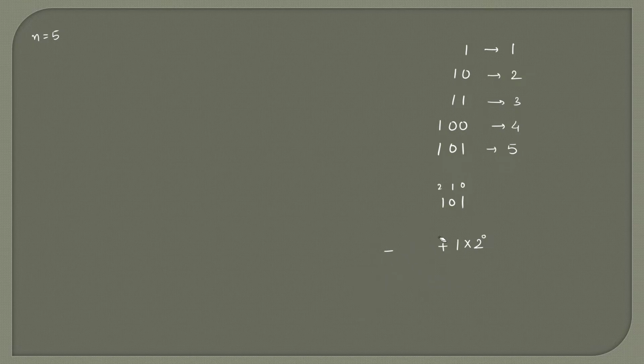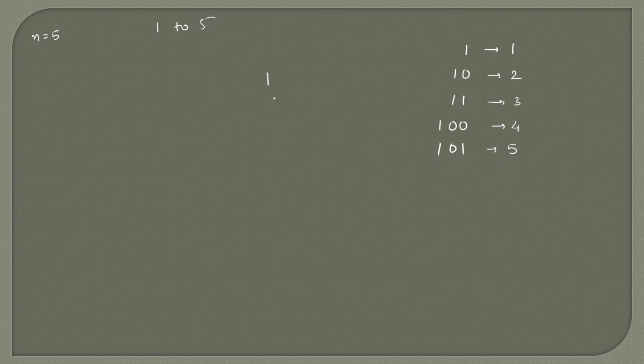So currently our problem is that we are given a value of n and we need to generate the numbers from 1 to 5. We need to generate something like this: 1, 10, 11, 100, 101. At the start we directly have one number, 1, and its binary representation is also 1. So the first number, we already know, is 1.